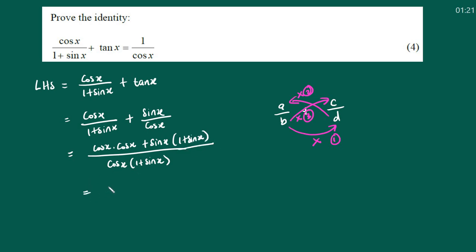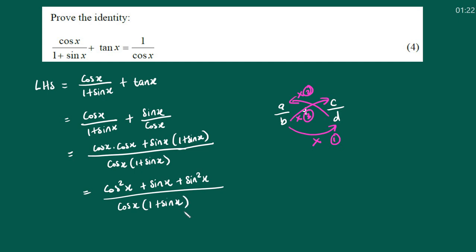If you simplify it, that would be cos squared x plus sine x plus sine squared x, all divided by cos x into 1 plus sine x.